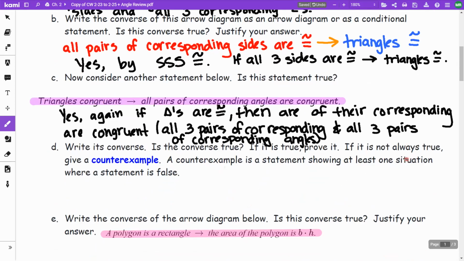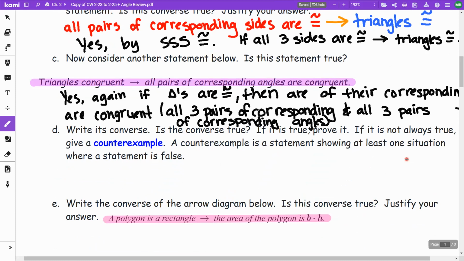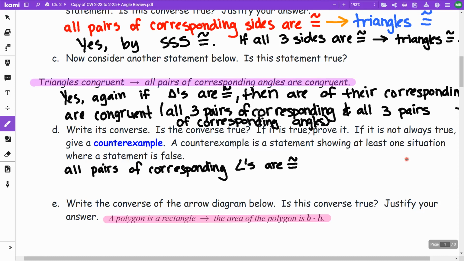Now they want us to write the converse of this. So in this case, what we're going to say is all pairs of corresponding angles are congruent leads to triangles congruent. So basically, if all three angles are congruent, are the triangles congruent?